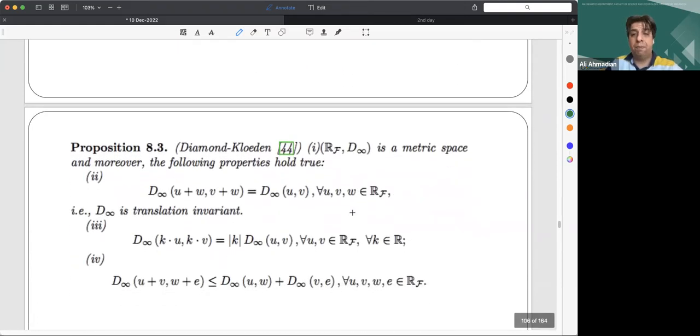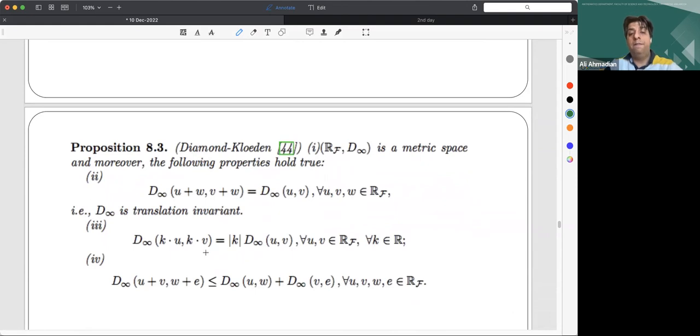It has some properties. If we have three fuzzy numbers, d of u plus w and v plus w is equal to d of u and v.